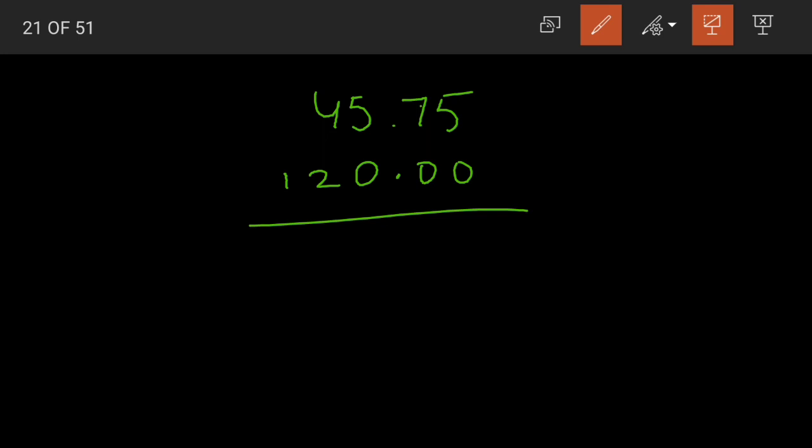Yes, children, see, we have to make sure that the points are in the same place for both the given numbers. The paise should be written below each other and the rupees should be written below each other. Now we have to add.